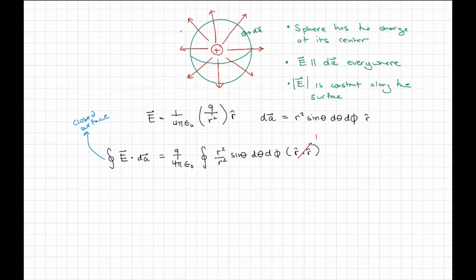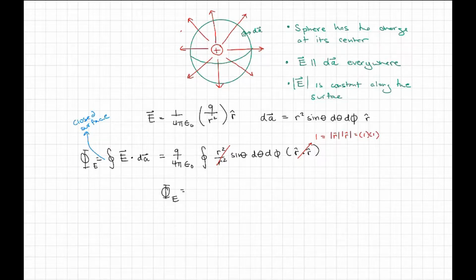Okay, so this is essentially the magnitude of both of these vectors, which is like taking 1 times 1. Okay, so that's where the vectors go away. Notice, right, we're getting a scalar flux out of this. Okay, so we've simplified this quite a bit. Now I just have to, I'm going to put one of these guys over here too.